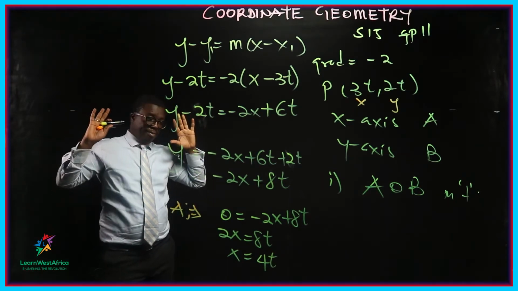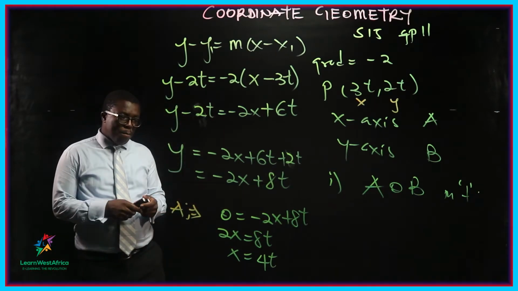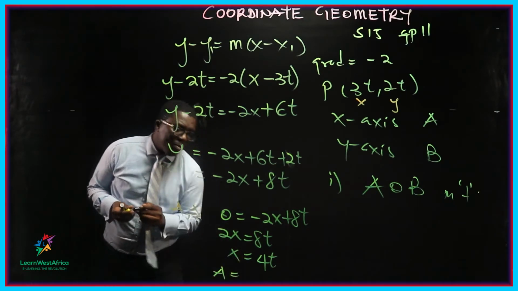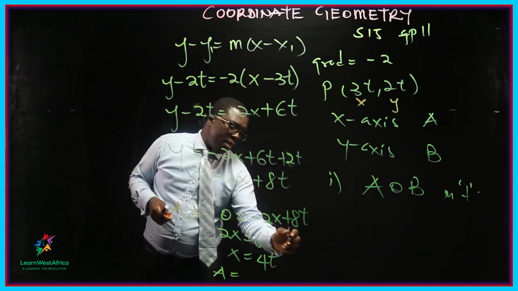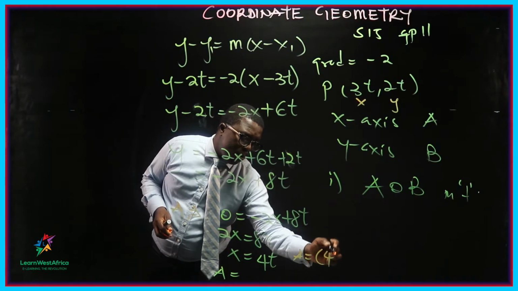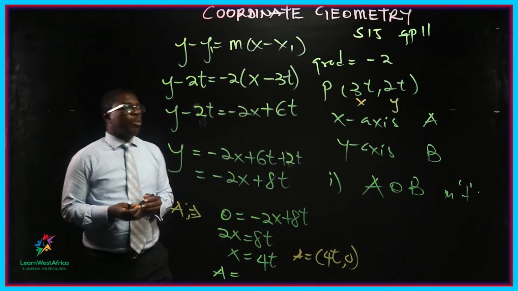So at point A, our values will be 4t, because that's your x, and 0. So that's what you get for A.